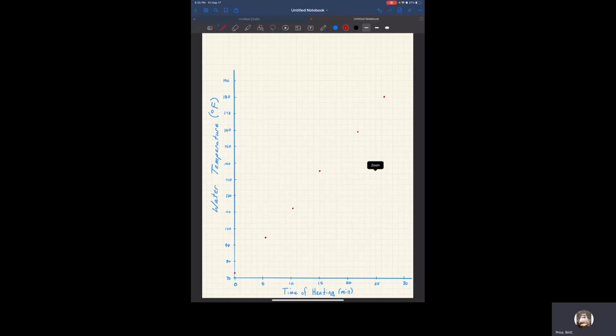So I have a transparent ruler that I have laying over my iPad screen right now, and you will see my best fit line come through. Is it perfect? No, it's not. Is it pretty good? Yeah, it's not too bad.